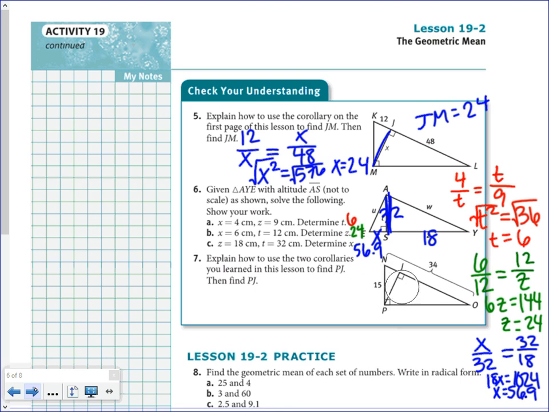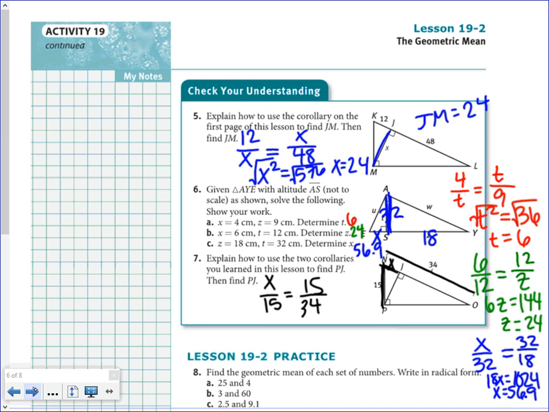So here's what we're going to do. I'm going to label this x. 15 is the leg, and the leg is the geometric mean of the part of the hypotenuse that is closer to it, adjacent to it, and the whole thing, which is 34.